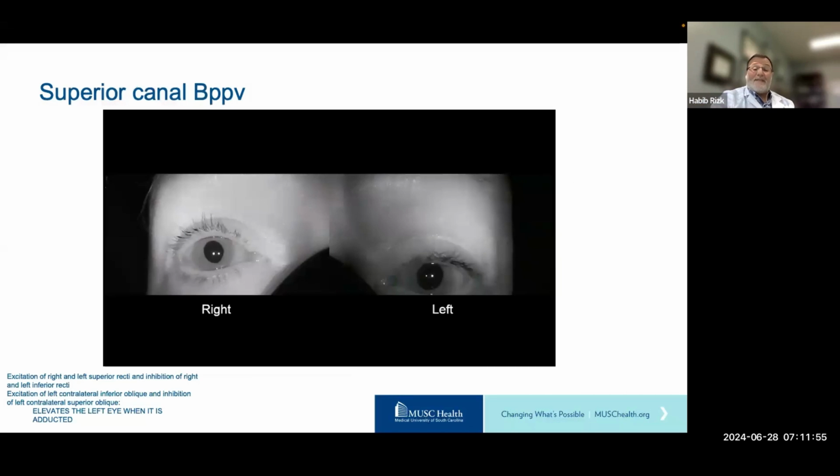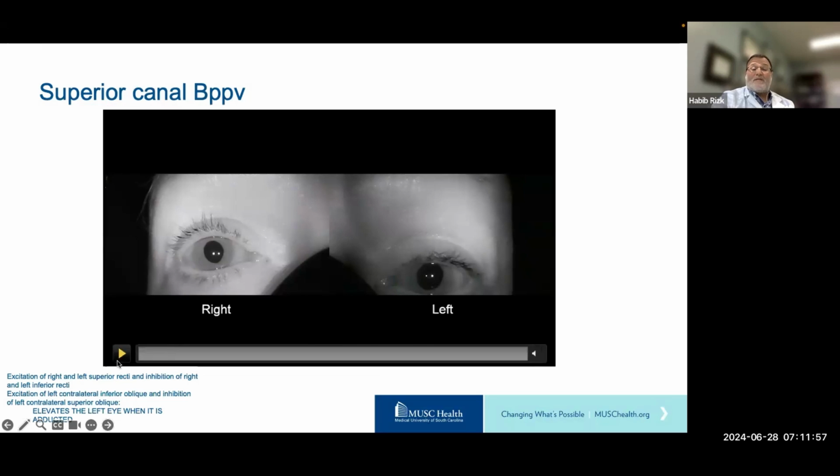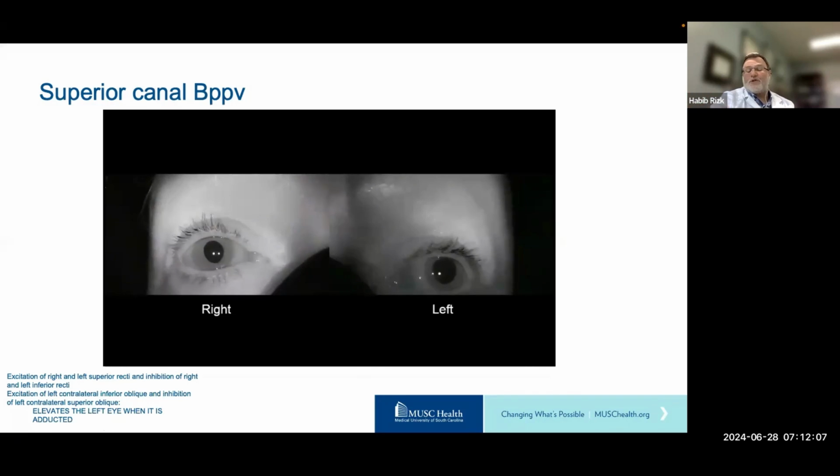We also see atypical BPPV, like the superior canal BPPV, and here just focus on the left eye, where there will be a downbeat torsional geotropic nystagmus when you lay the patient back in the Dix-Hallpike position. And the torsional component in superior canal is sometimes difficult to see.